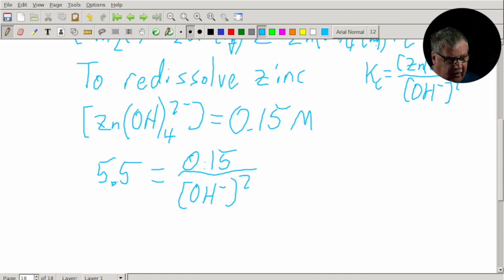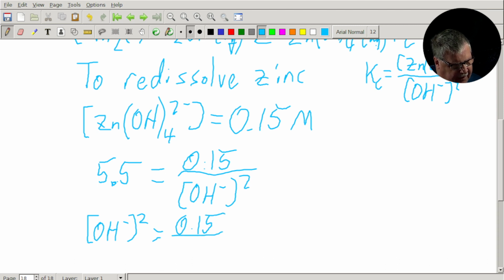We multiply both sides by the concentration of OH minus squared and divide both sides by 5.5. We get that the concentration of hydroxide ion squared is equal to 0.15 divided by 5.5.